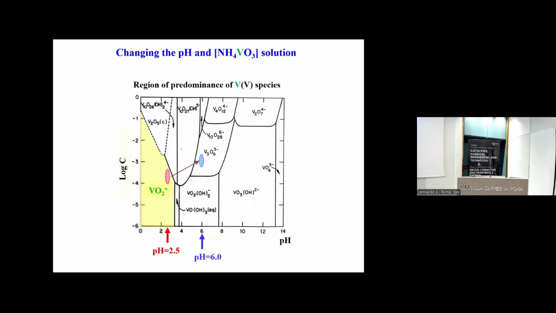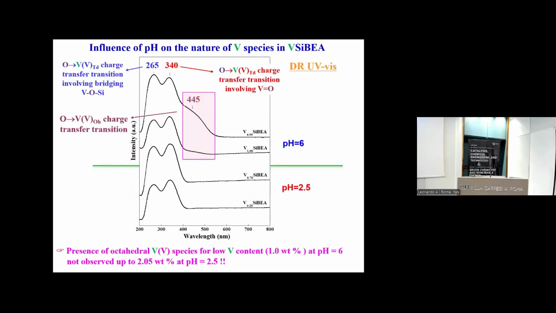From pH 2.5 to pH 6, in this condition, we compare the results of hydroxyl spectroscopy for samples prepared at pH 2.5 and pH 6. So we can observe the difference between preparation at pH 2.5 and pH 6.